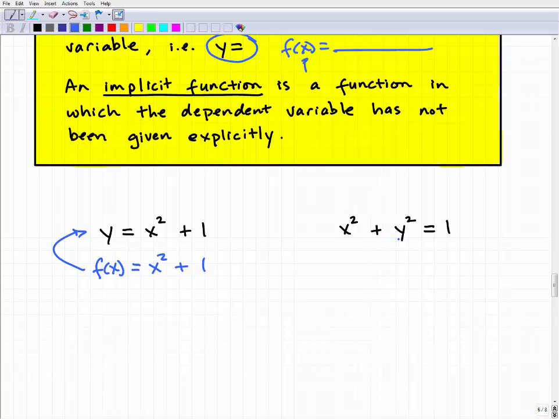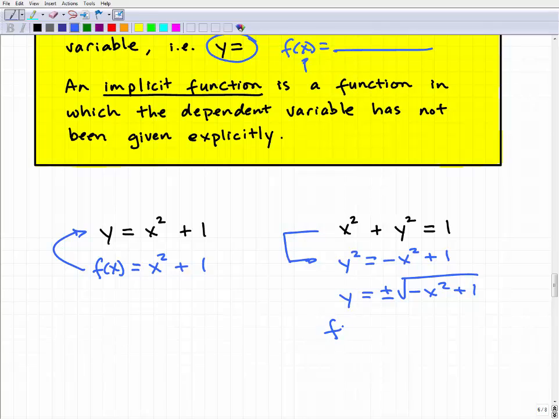Now we can try to convert or rewrite this in terms of an explicit form. The way we would do that, we would solve for y. So I can go y squared equals negative x squared plus 1. I'm just going to move that x squared over, and then I would take the square root of both sides. So I would end up with y equals plus or minus the square root of negative x squared plus 1.